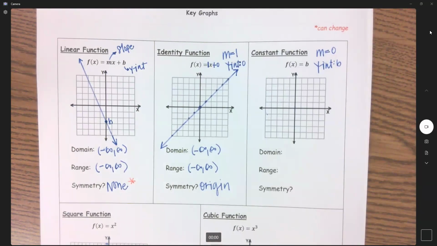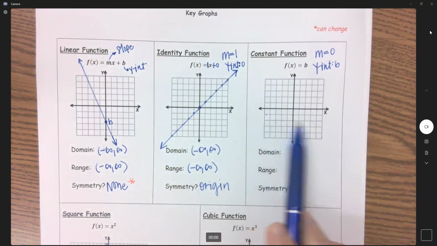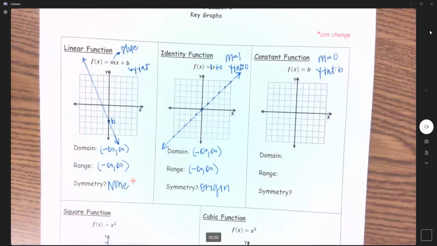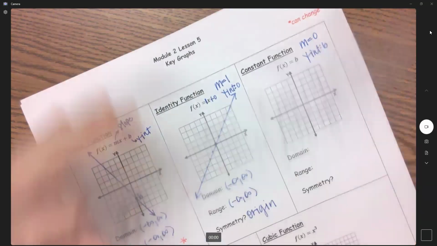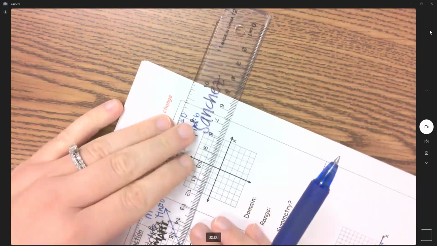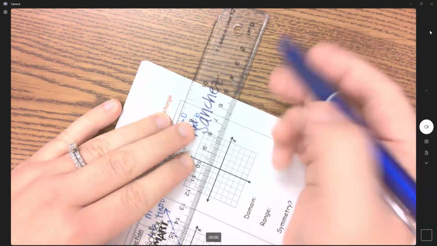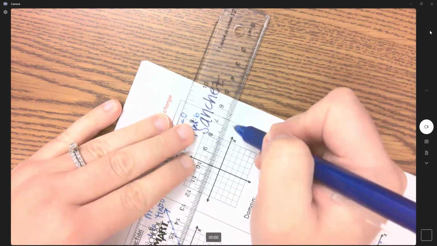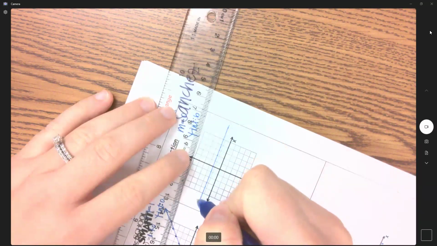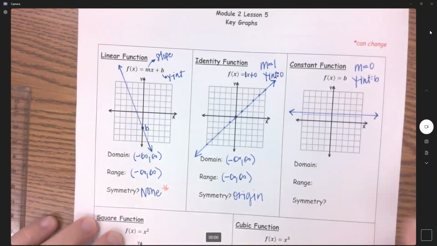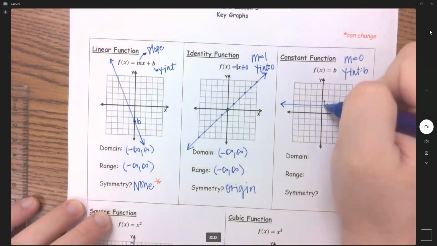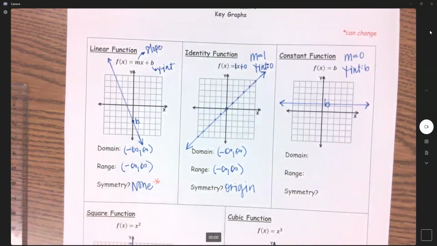If it's y equals -2, then I have a y-intercept right there at -2. So here, I'm just going to draw some horizontal line. And wherever that is crossing is my b right there.